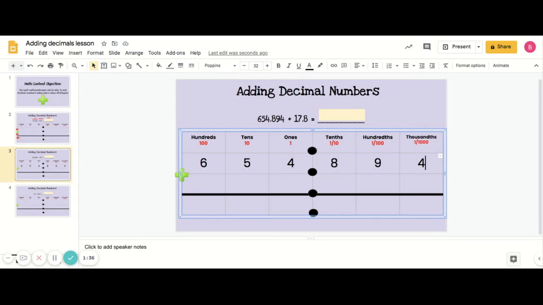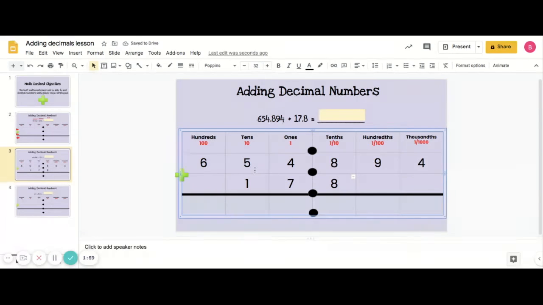Step 2 is to take our second number and put this number in our place value chart. I'm noticing that I have a 1 in my tens place, a 7 in my ones place, and an 8 in our tenths place.